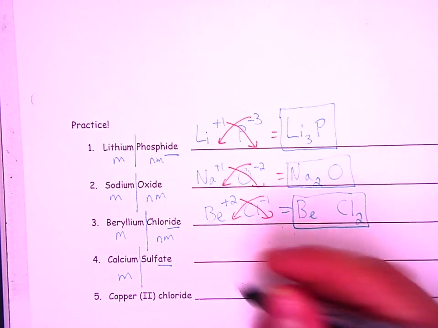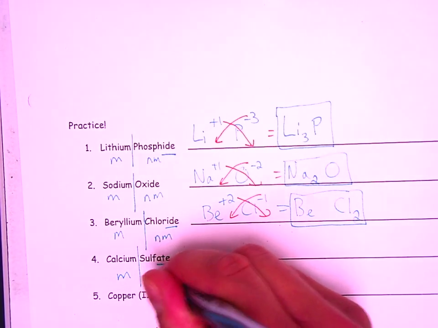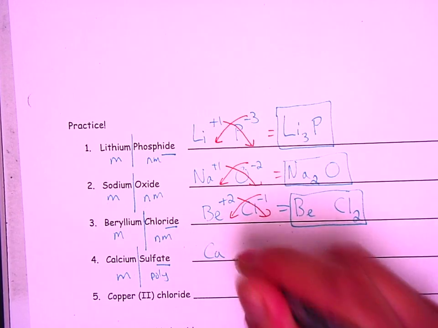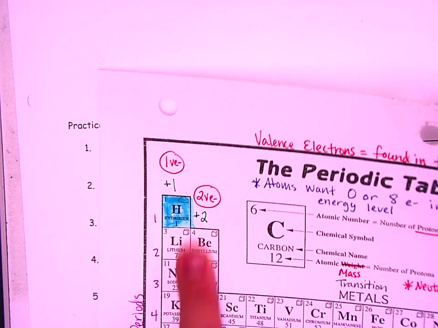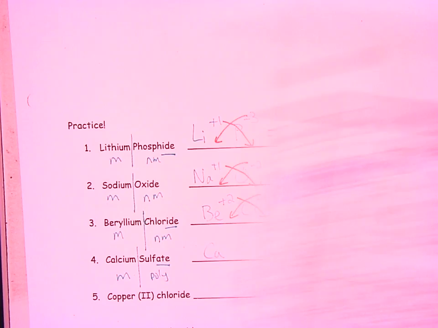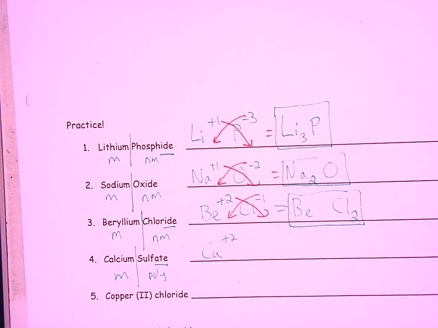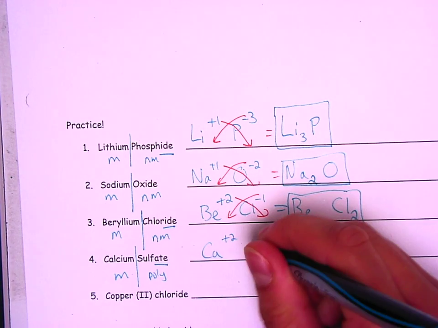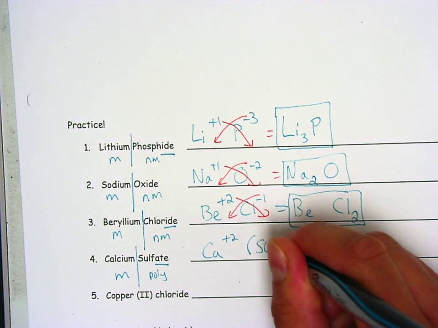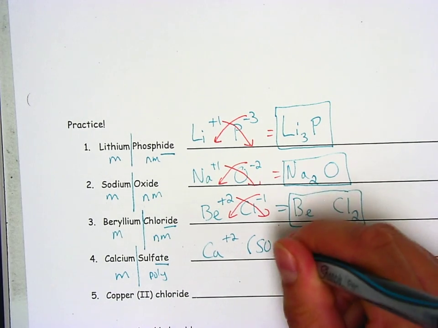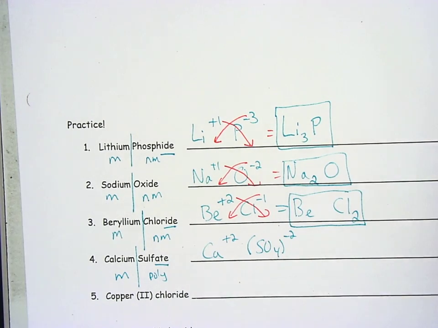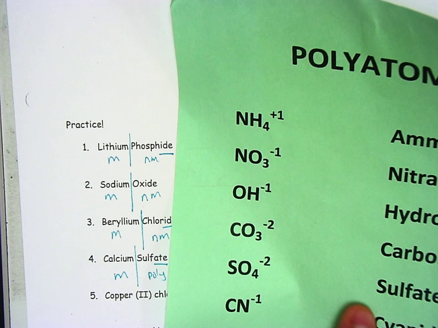So that's poly. So calcium has a +2 charge. Okay. Sulfate, from your polyatomic sheet, we're going to write parentheses SO4 minus 2. See, SO4 minus 2 sulfate.